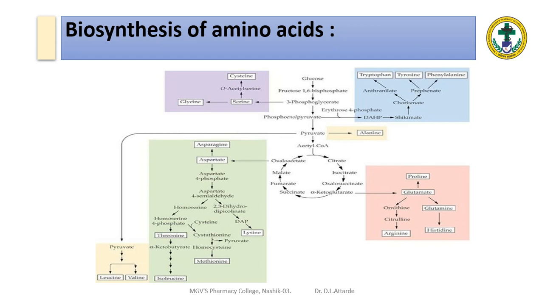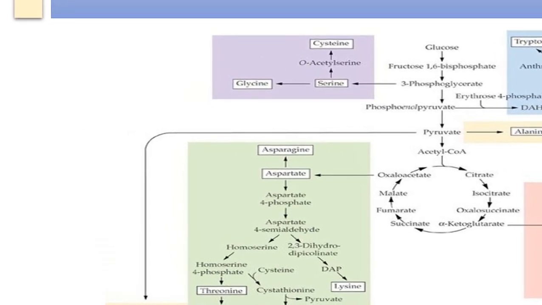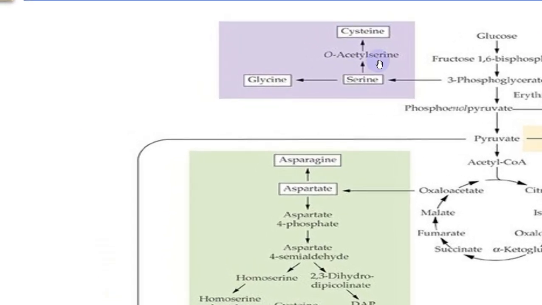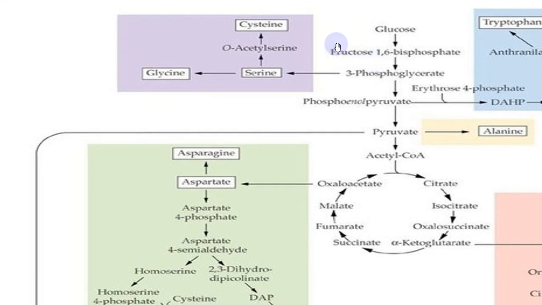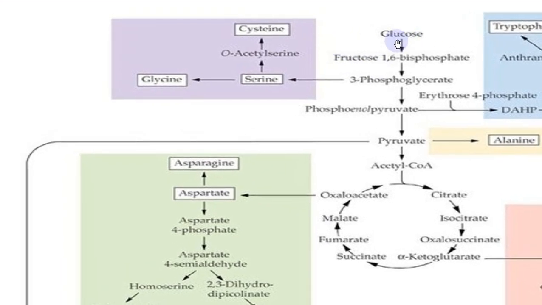Now at a glance, we'll see how biosynthesis of amino acids takes place from glycolysis and how the various components of the TCA cycle are involved in the biosynthesis of amino acids. I'll zoom in on the part for you. Here we can see glucose gives fructose 1,6-bisphosphate, which further gives 3-phosphoglycerate.